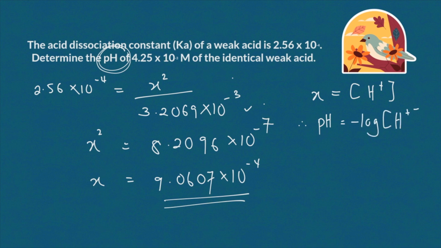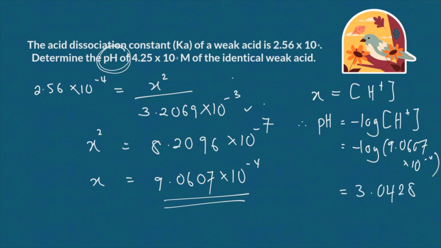Hence, your pH is negative log 9.0607 times 10 to the power of negative 4. So your pH is equivalent to 3.0428. This is the final answer for the fifth question for our class activity for this week.